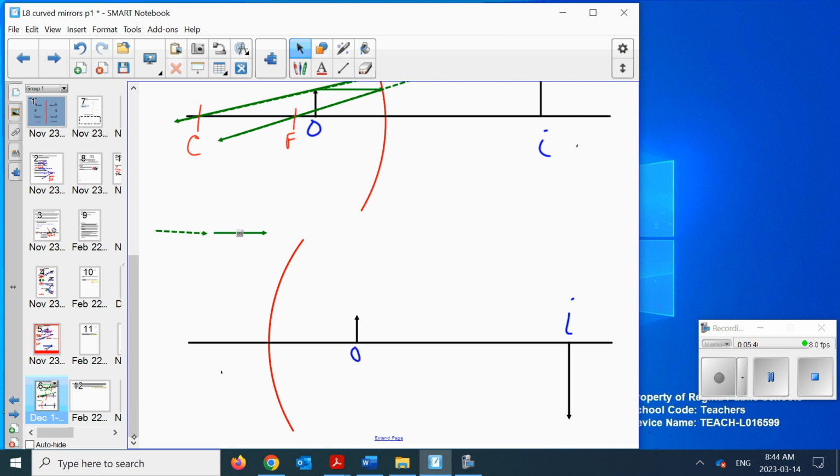Like you can look at it this way, or I can turn around and look at it the other way around. So it's the same rules, but I'm going parallel to the principal axis, hitting the mirror, and lining up. Okay, that's the first rule.